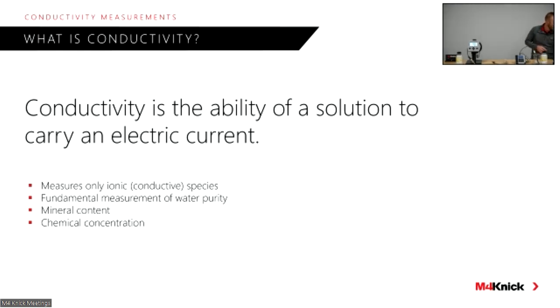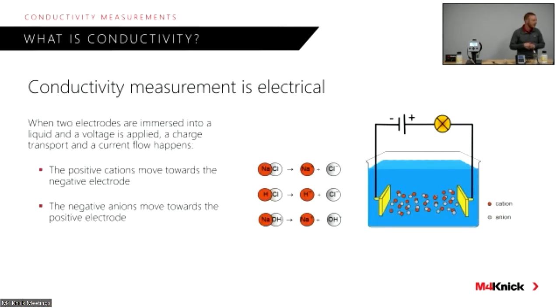So just moving forward here, conductivity measurement, folks, it's electrical, right? This diagram on this slide represents a 2-electrode conductivity sensor. When those 2 electrodes are immersed into a liquid and we apply a voltage to them, a charge occurs and current flows in between those 2 electrodes. And that's proportional to the conductance of the solution that we're measuring.